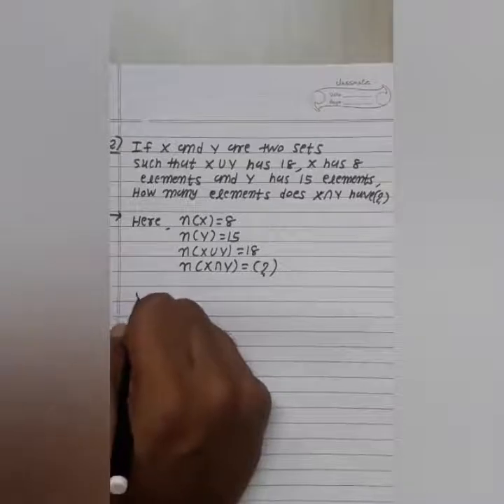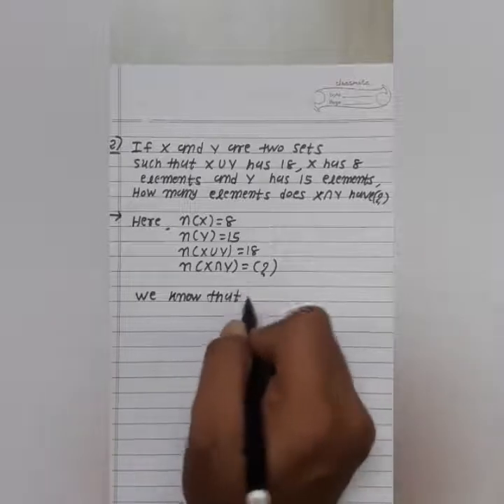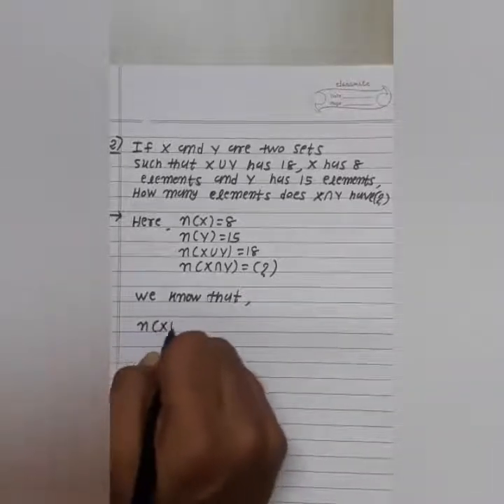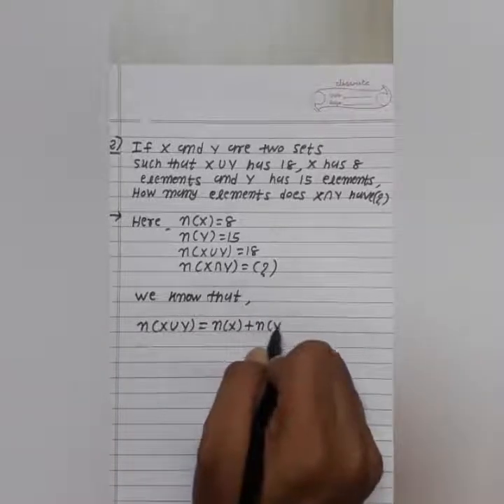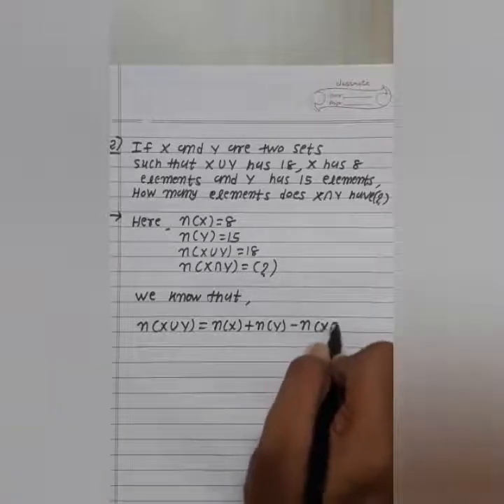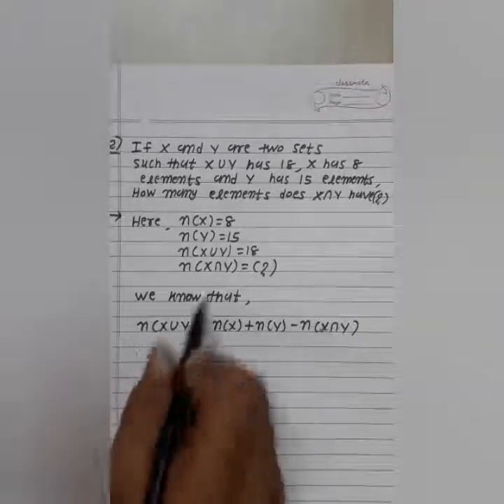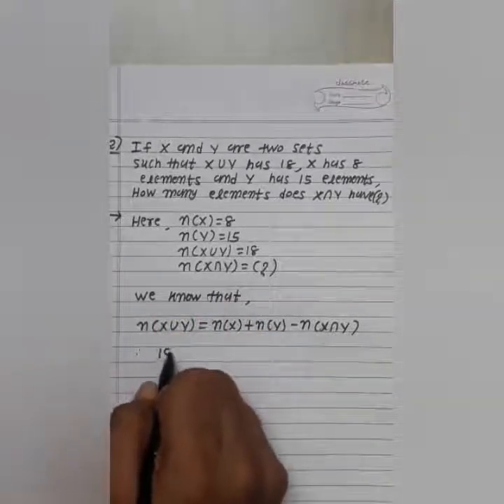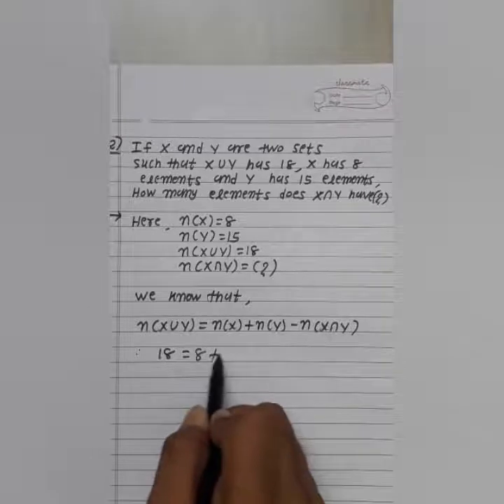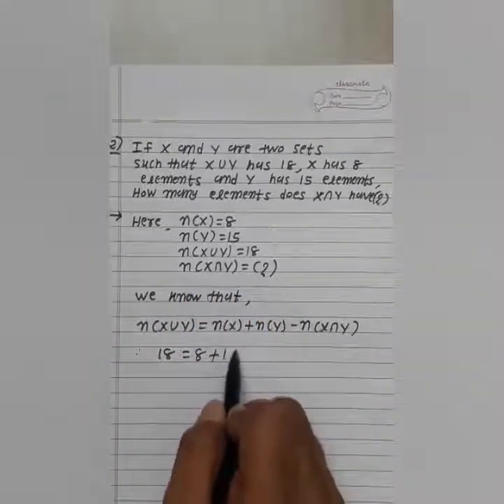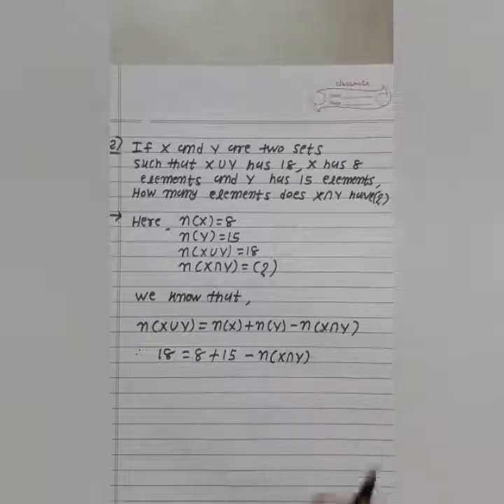Again the same method. We know that n of x union y is equal to n of x plus n of y minus n of x intersection y. N of x union y is given as 18, so 18 is equal to 8 plus 15 minus n of x intersection y.